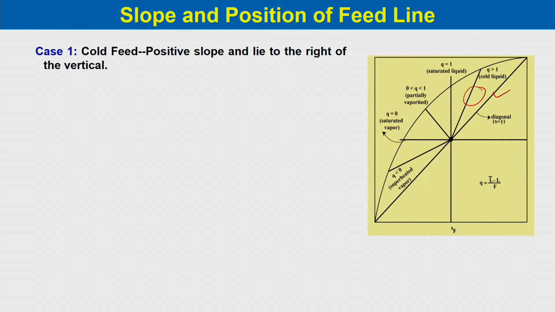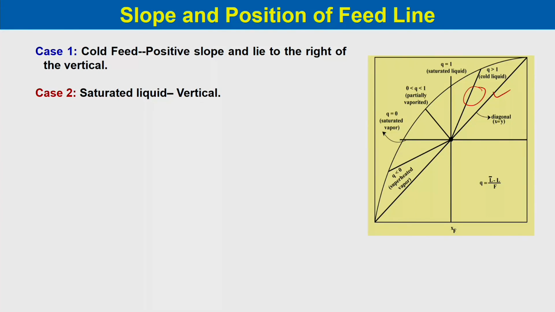Now, case 2, if we have saturated liquid, the feed is completely liquid at its bubble point, and we need not heat it up, or the vapor which comes from the bottom tray will not be condensed on the feed tray.